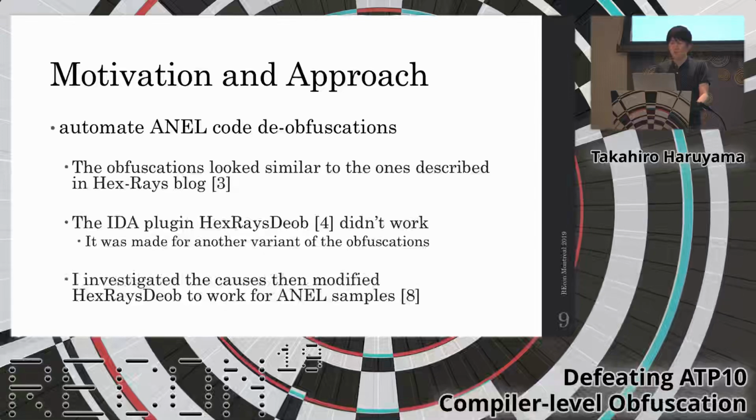My motivation is to automate ANL code deobfuscation. In initial research, the obfuscations looked similar to the ones described in Hextrade's blog, but the introduced plugin, Hextrade's deob, didn't work because it was made for another variant of the obfuscations. So I investigated the causes, then modified Hextrade's deob to make it work for ANL samples.